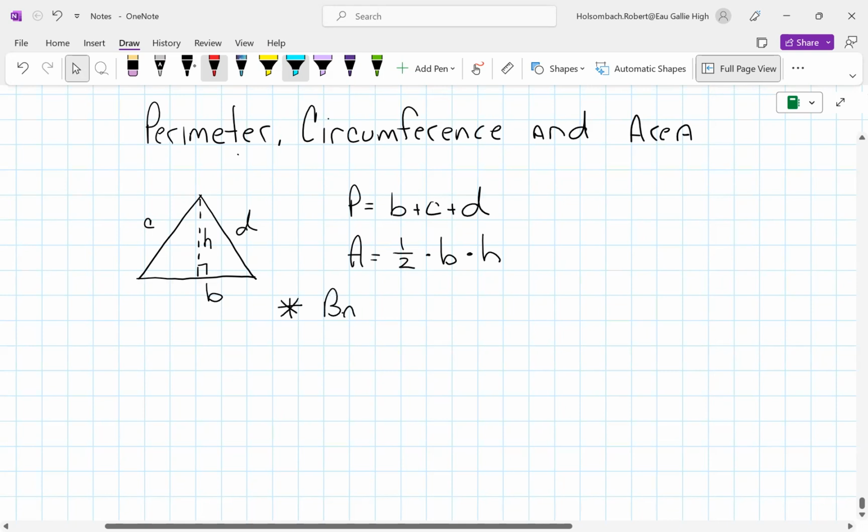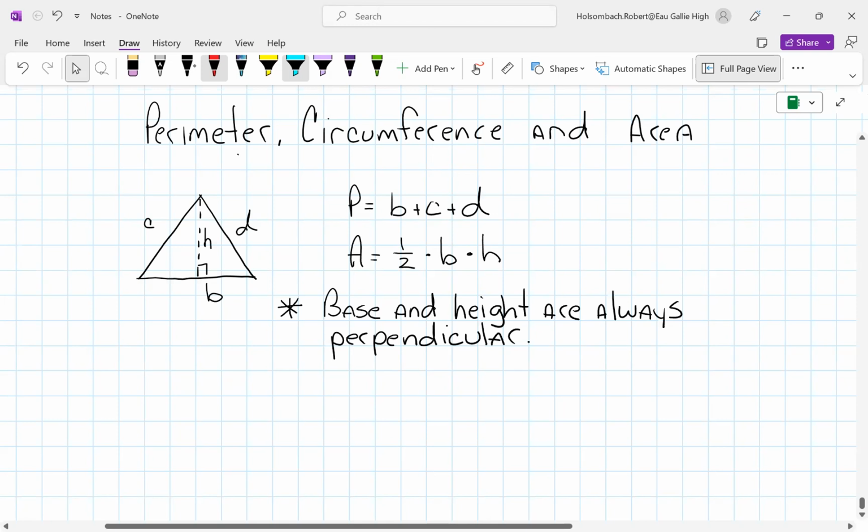Base and height are always perpendicular. In all polygons, the base and the height are always perpendicular.